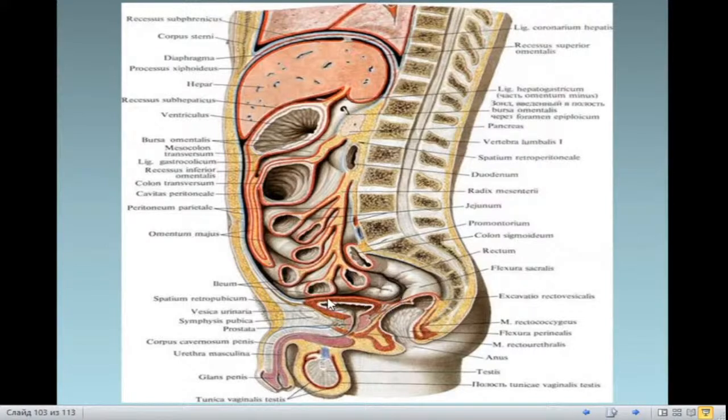And in between the uterus and urinary bladder, it makes one more pouch, called the vesico-uterine pouch. Here it is a male sagittal section, so the pouch is only one, rectovesical. In female, here in between there is the uterus, and there are two pouches, anterior and posterior. Posterior is called Douglas space.